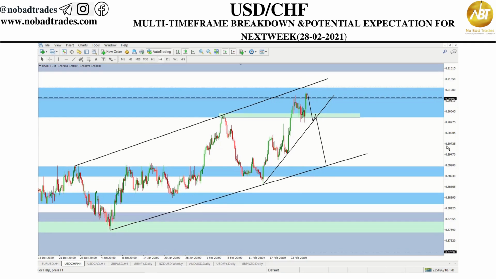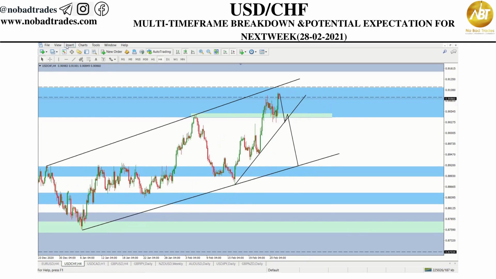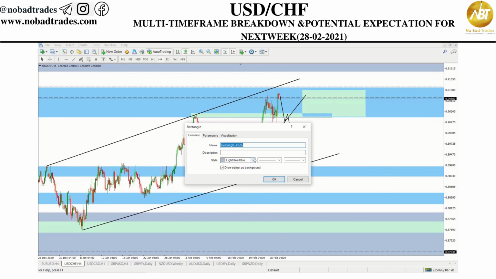So what am I going to be looking at for me to get into this trade? I'm going to be taking a risk after price breaks. The confirmation is waiting for price break.